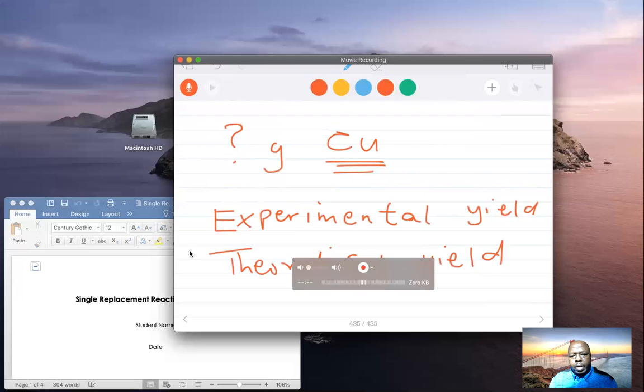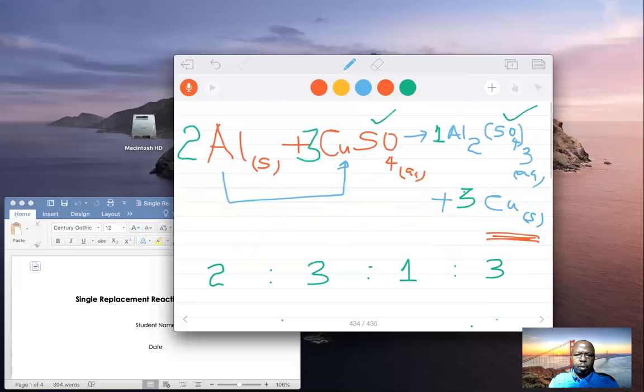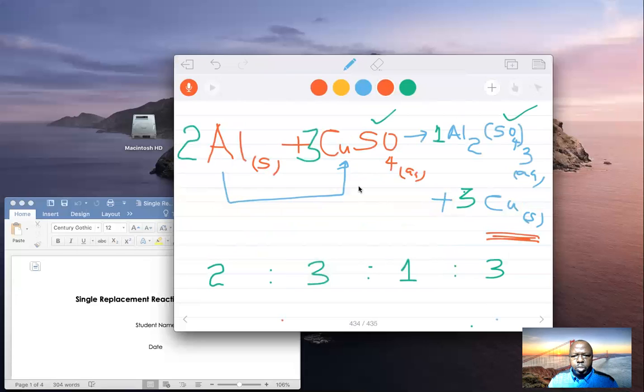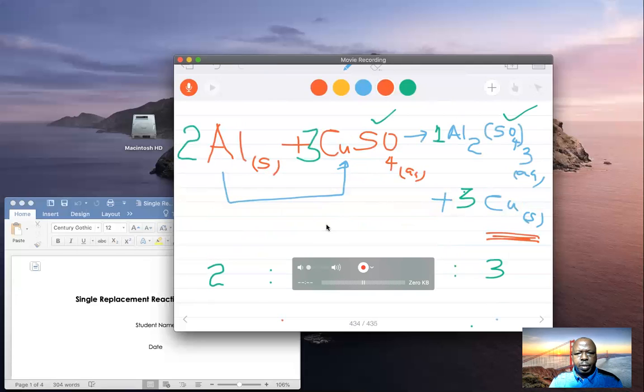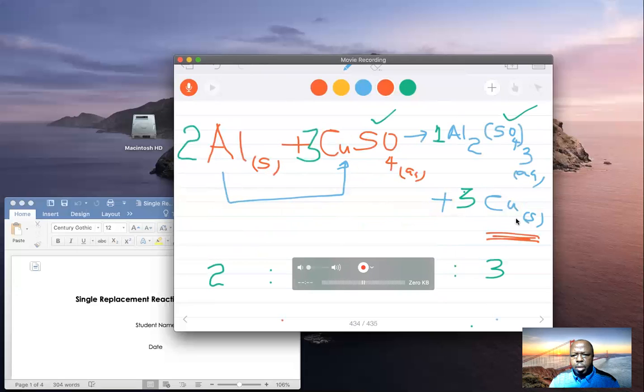The latter one, theoretical yield, you obtain from the limiting reagent. By knowing how many moles of each reactant you will use, you will be able to determine which one is the limiting reagent, and the amount in grams of the copper. We care less about the sulfate here.